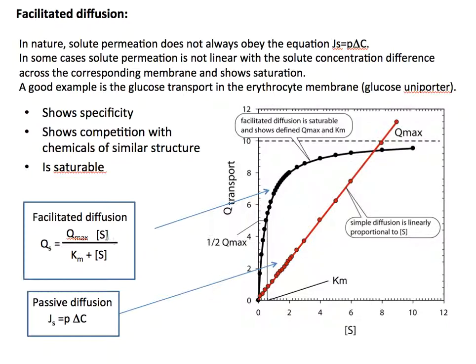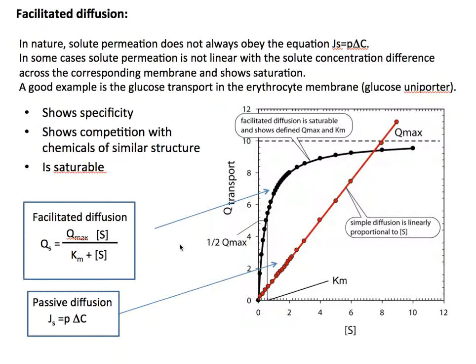Let's see. When you look at this equation, Q_S equals Q max times S over Km plus S. This equation is how you get a graph that looks like this, increasing in a linear fashion in the earlier part, and then approaching a threshold towards higher S values.